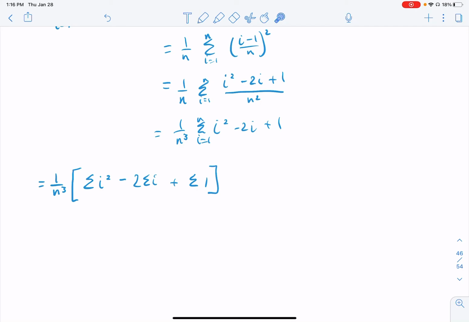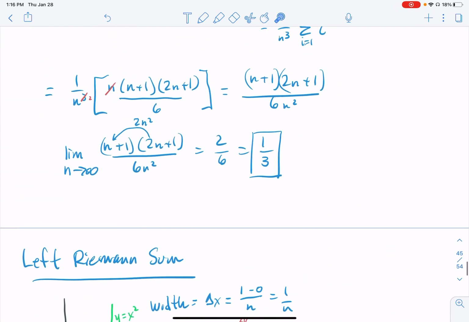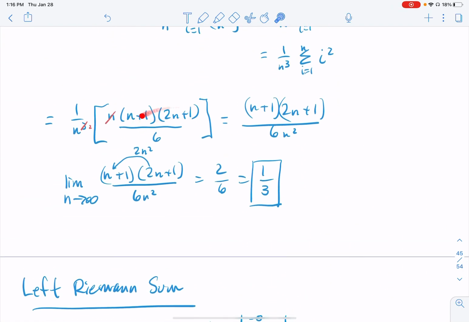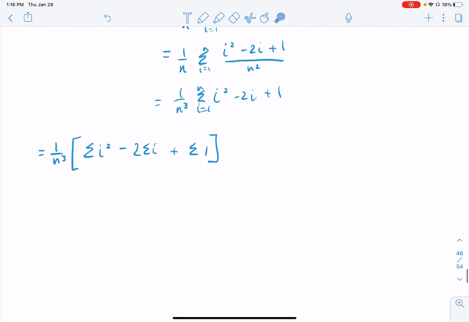Now, if you will recall, we have already done the summation of i squared. It was this thing that was right here. So we're just going to copy that thing down, as well as the rest of it. 1 over n cubed, and I have n times n plus 1 times 2n plus 1. Don't have to have it memorized, don't worry. The only reason why I can rattle that off is because I have it written right beside me.